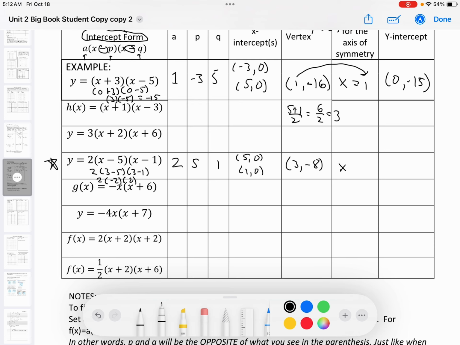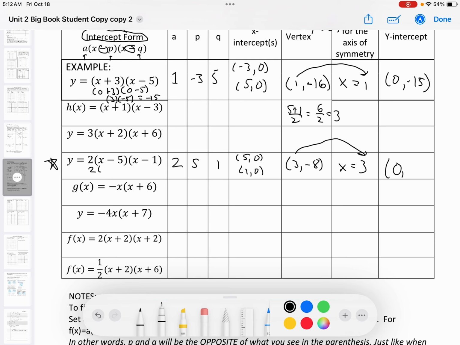For the axis of symmetry, 3 is the x value for the vertex, so that is also my axis of symmetry. And then for the y-intercept, the x value is always 0, and then we need to go back in and solve this function when x is 0.